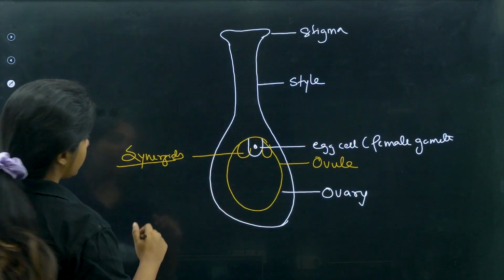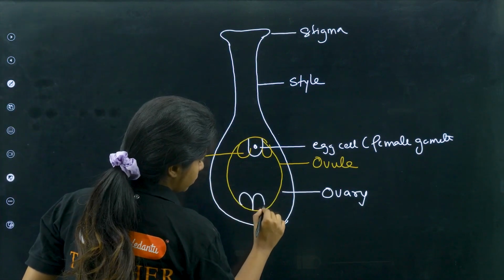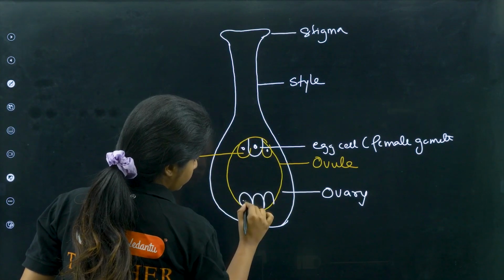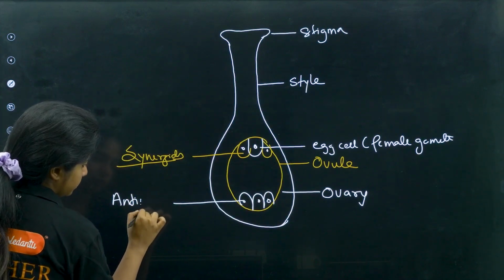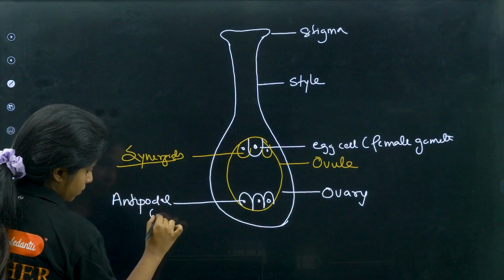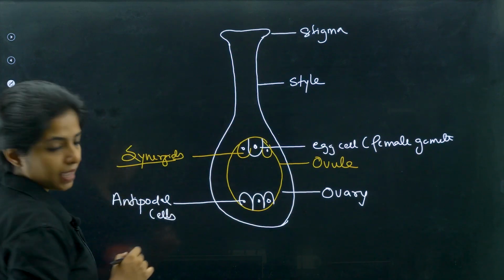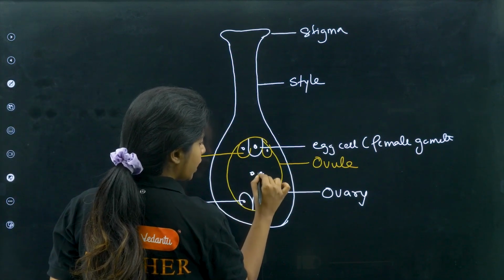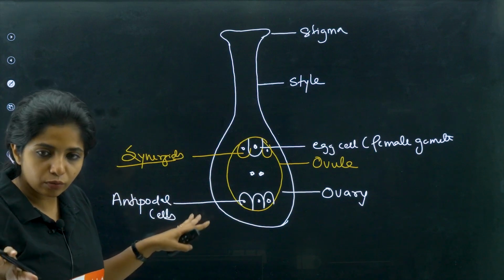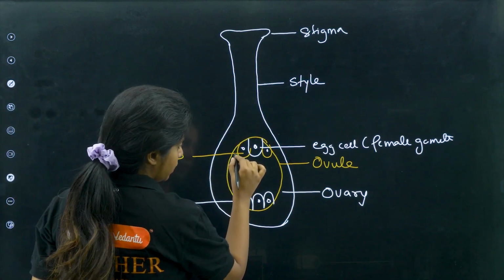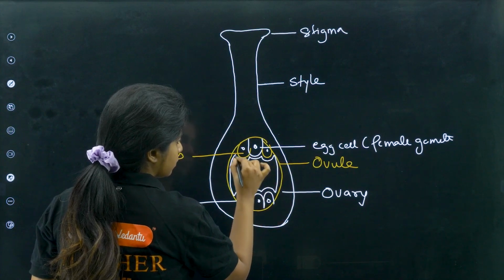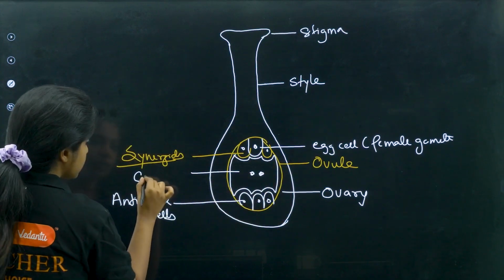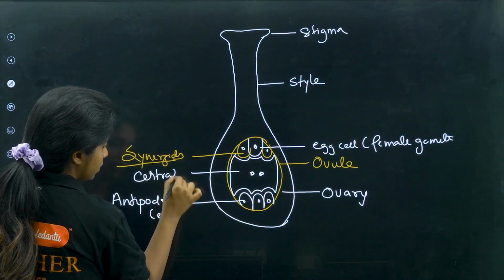Now, after that, there are three cells over here. Again, they all have their own nucleus. What do you call these cells? Antipodal cells. And there are two free nuclei just lying over there, and they become a part of a cell known as the central cell.